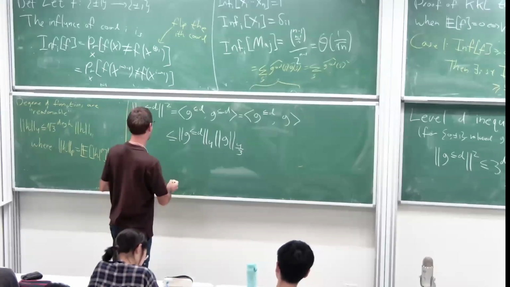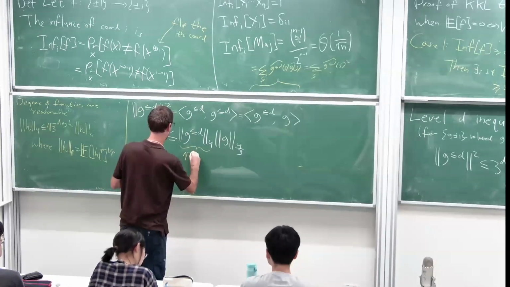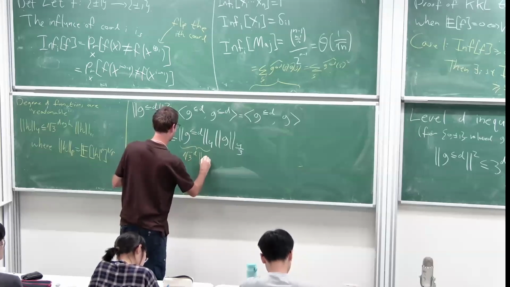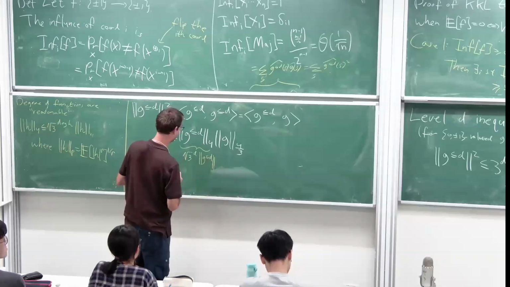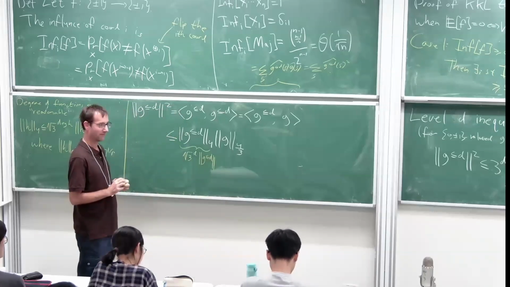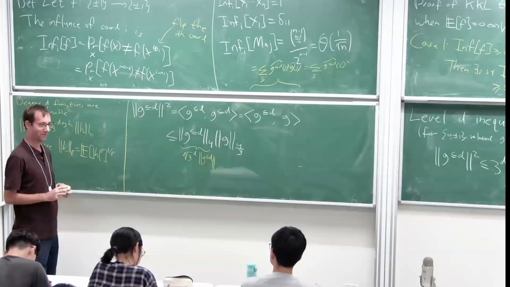And now this thing is at most square root 3 to the d, times the 2 norm of g at most d. Okay, this is just applying this degree d functions are reasonable.